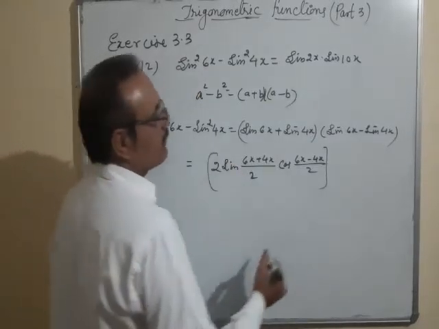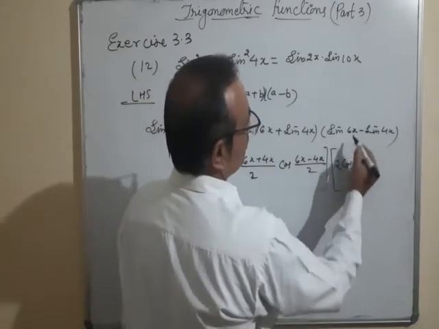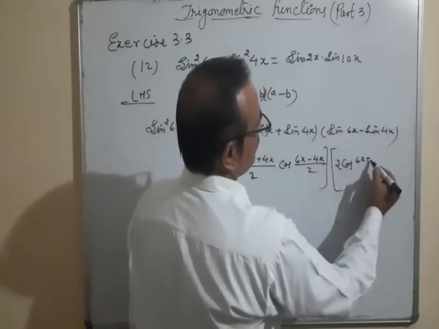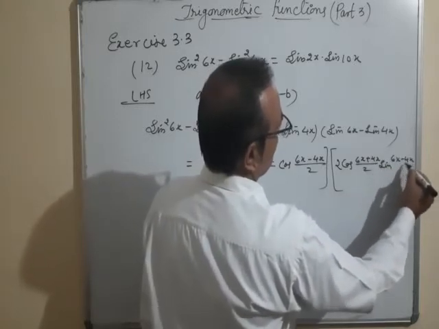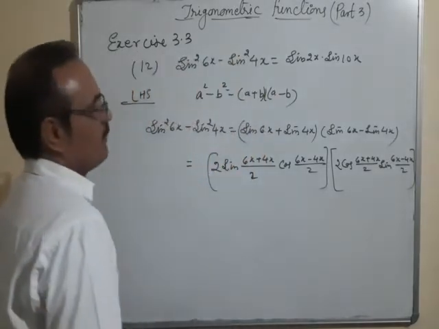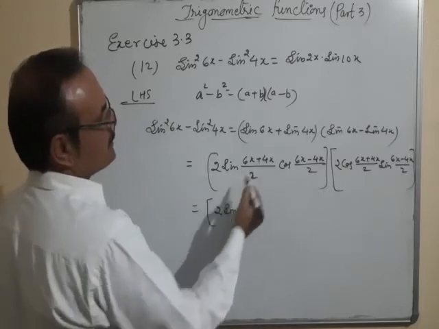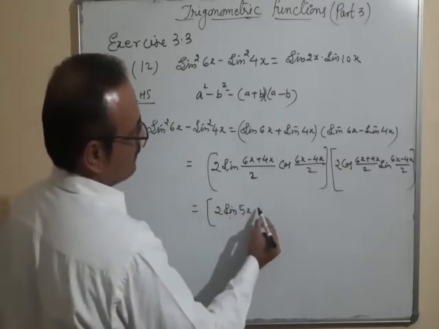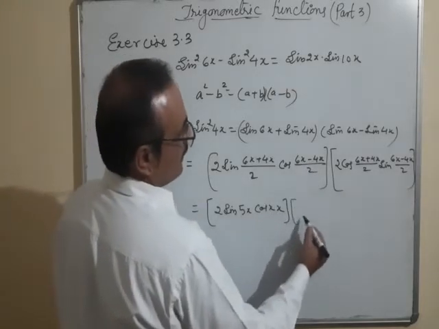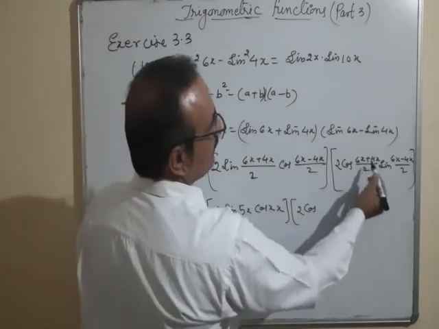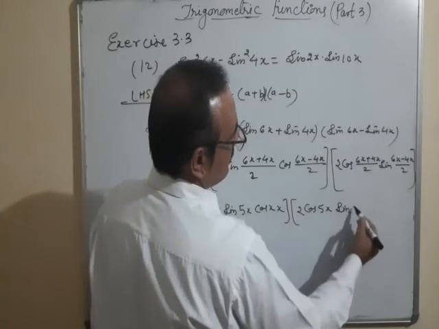Right? And here is the formula sin c minus sin d, that is 2 cos((c plus d)/2), (6x plus 4x)/2, into sin((c minus d)/2). Okay. So 2 sin of (6x plus 4x) upon 2, 10x upon 2, that is 5x, into cos of 2x upon 2, and that is 2 cos 10x upon 2, 5x, into sin 2x upon 2, that is x.